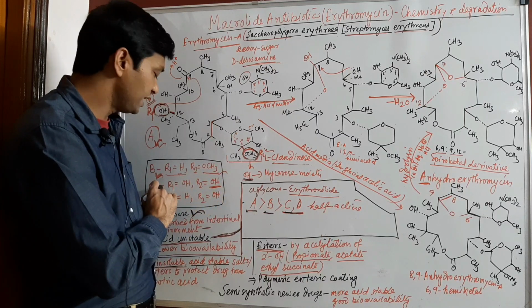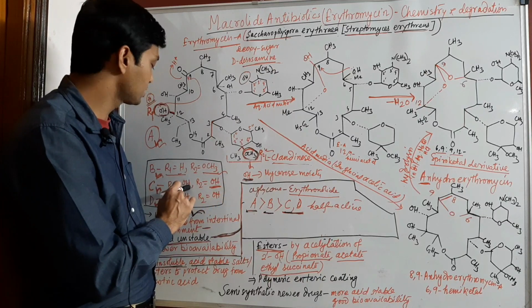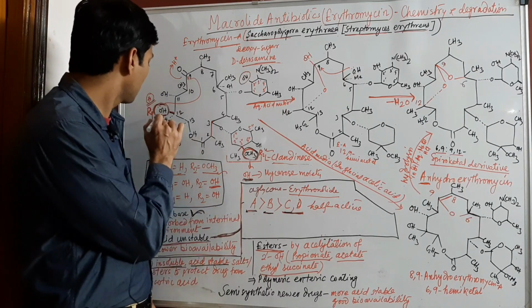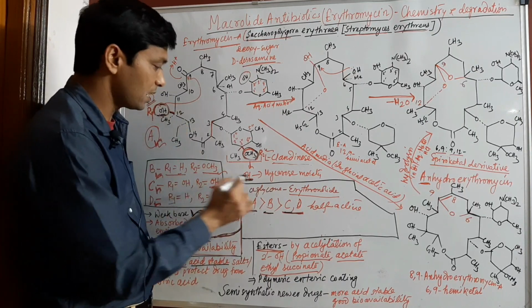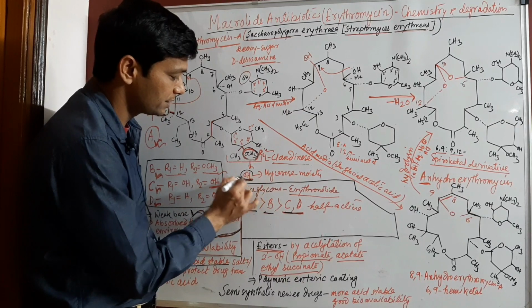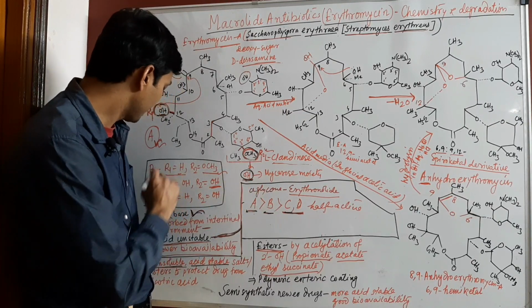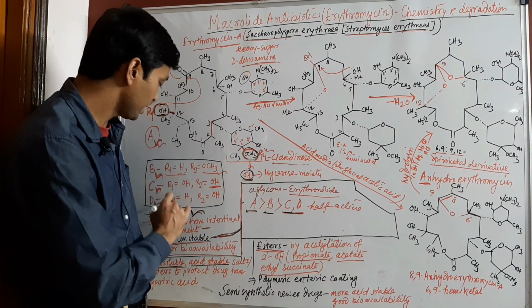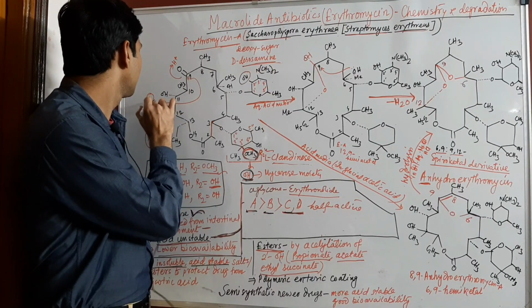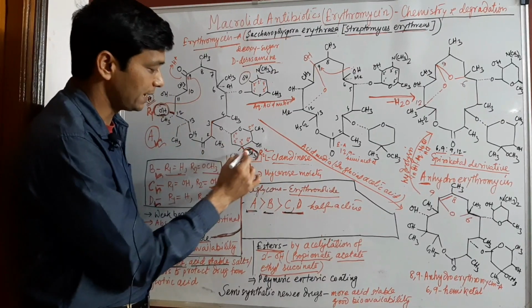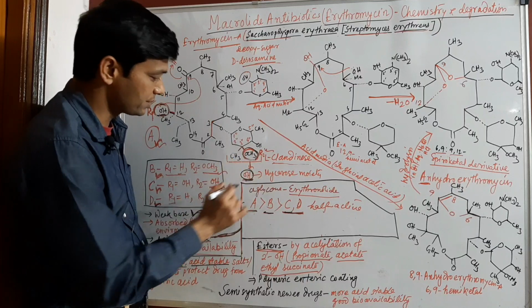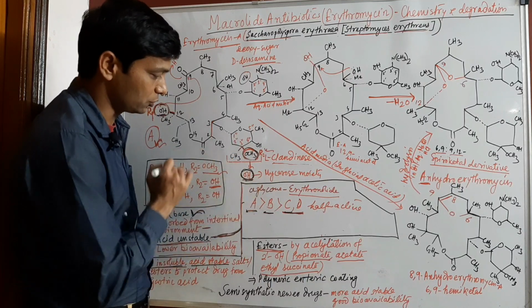For erythromycin C, R1 is a hydroxyl group and R2 is a hydroxyl group. And for erythromycin D, R1 is hydrogen and R2 is again a hydroxyl group.